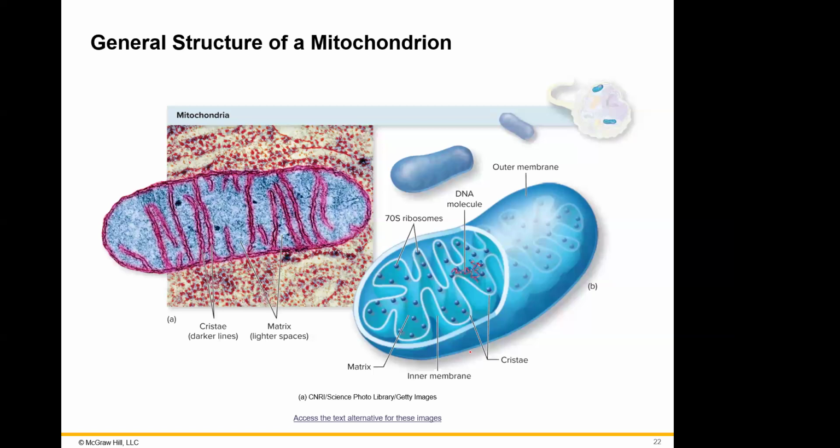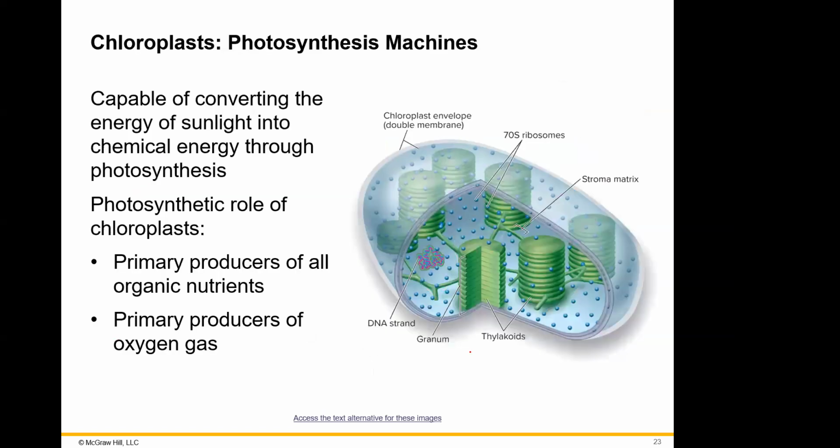So there's a picture of your mitochondria and what it looks like. You can see that inner membrane and how it's all folded up. The chloroplasts are very similar. Obviously, their structure is a little bit shifted, but those little stacks are the inner membrane, if you will. They have their double membrane, and inside their cells is chlorophyll.